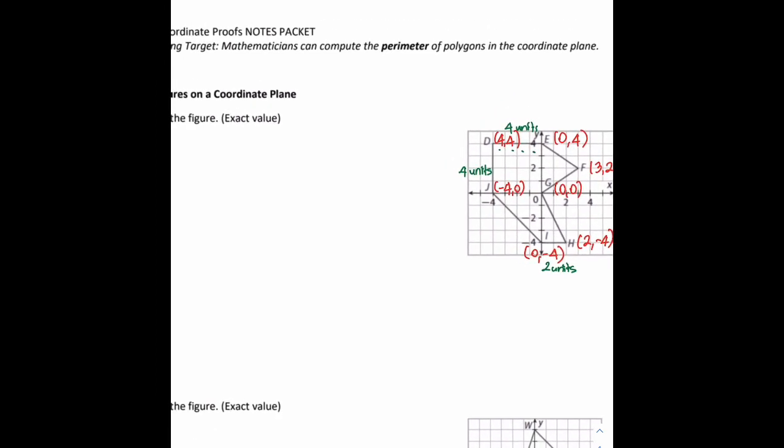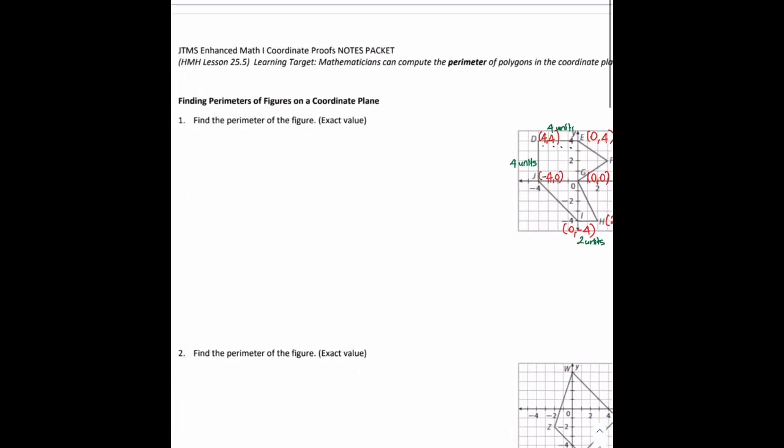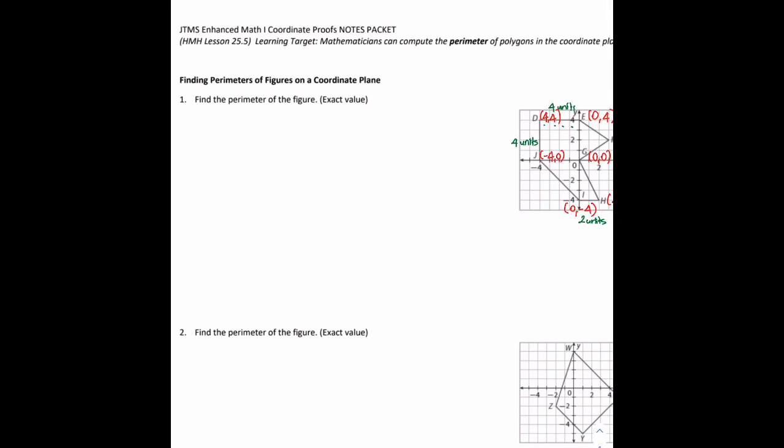Okay, now let's also state them here. The length of segment DE is 4 units. The length of segment DJ is 4 units. And the length of segment HI or IH is 2 units.